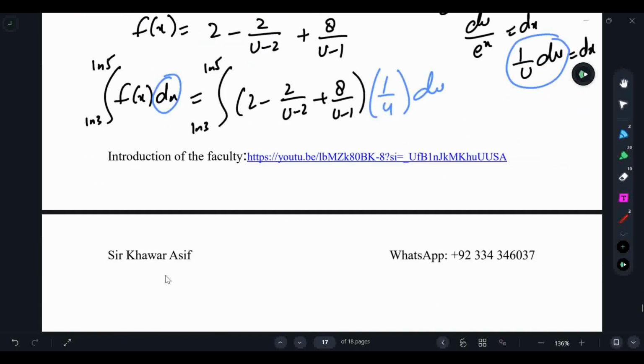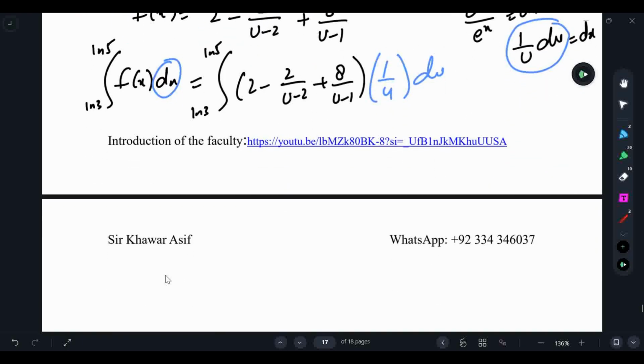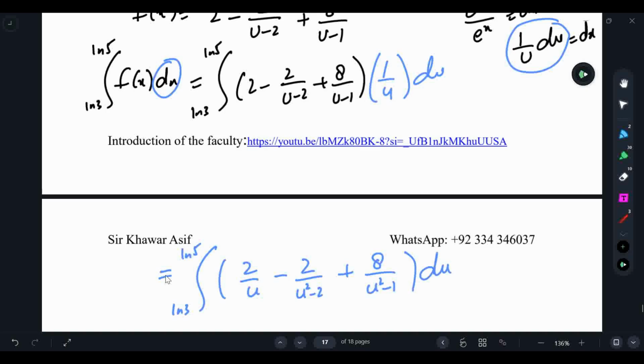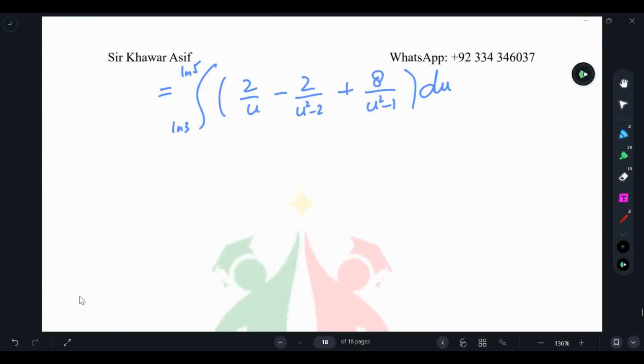Now if we simplify it further, natural log of 3 till natural log of 5, this will be 2 by u minus 2 by u square minus 2 plus 8 by u square minus 1 du. Yes, now we can integrate it with respect to u.